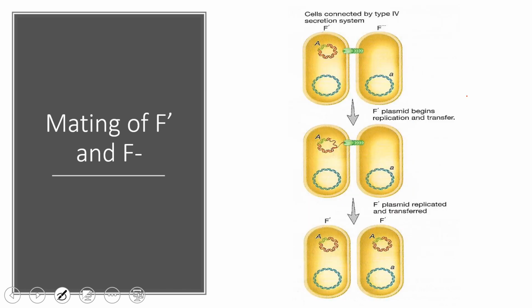Whenever we keep the F prime and the F minus to do the conjugation, these plasmids will be transferred here, and all these plasmids along with the bacterial chromosome will be transmitted here. The mating of the F prime and the F minus results in the F minus being converted into the F prime. So this is the result.